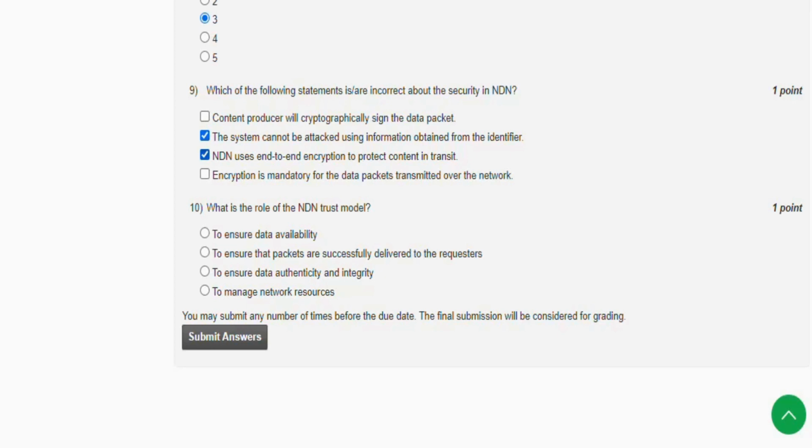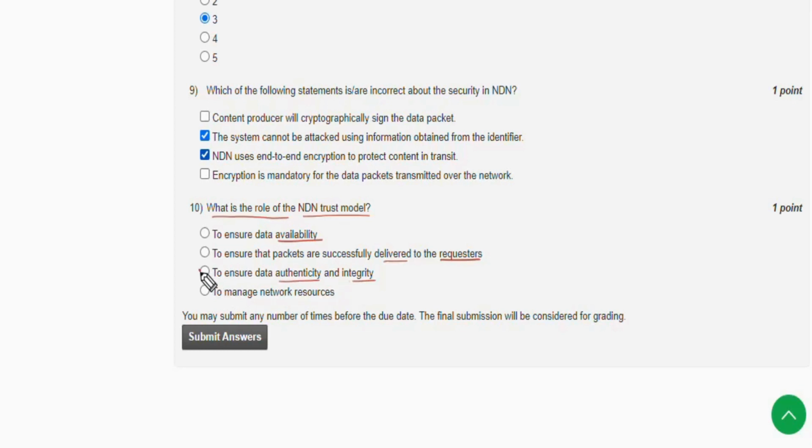Now question number 10, which is the last question of this assignment. What is the role of the NDN trust model? The options are: to ensure data availability, to ensure that packets are successfully delivered to the requesters, to ensure data authenticity and integrity, to manage network resources.